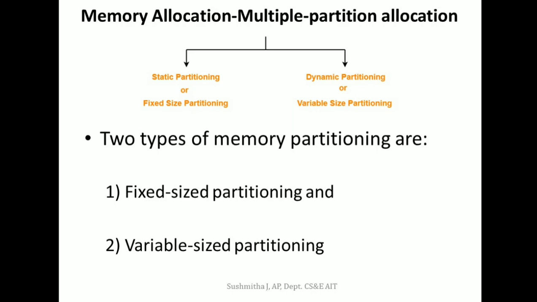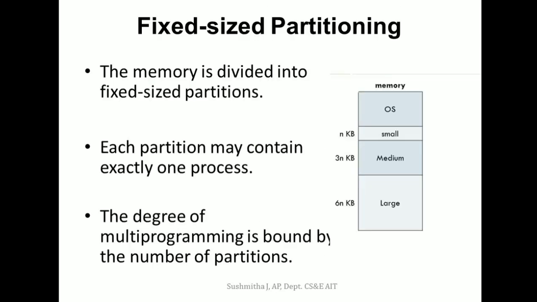As told, we have two types of multi-partition. One is fixed, which is also called static partitioning. The other one is dynamic or variable size partitioning. Now talking about the first, fixed size partitioning, you can notice here, again, in the main memory there is operating system resident.